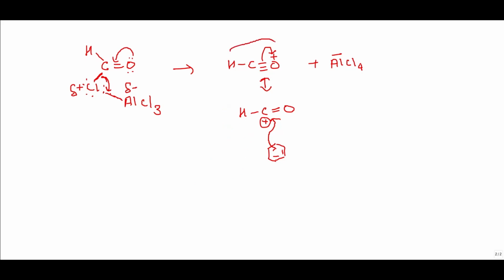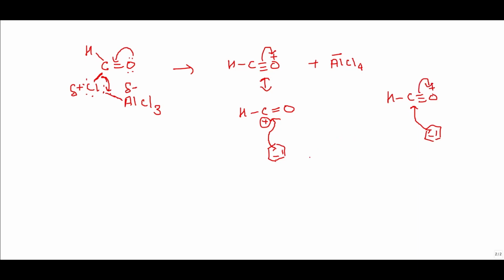If you want to use this species as an electrophile, you can also show it like this: H C double bond O with a positive charge, aromatic substrate, and then these electrons attack carbon, and when this species is attacking carbon, these pi electrons shift to oxygen.